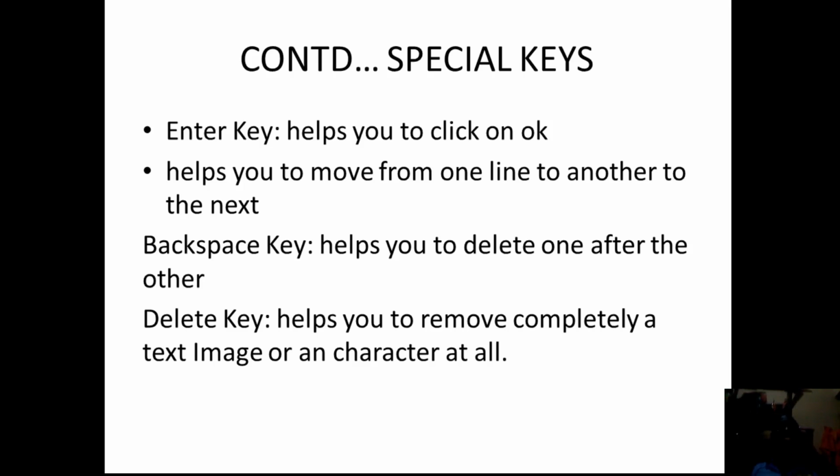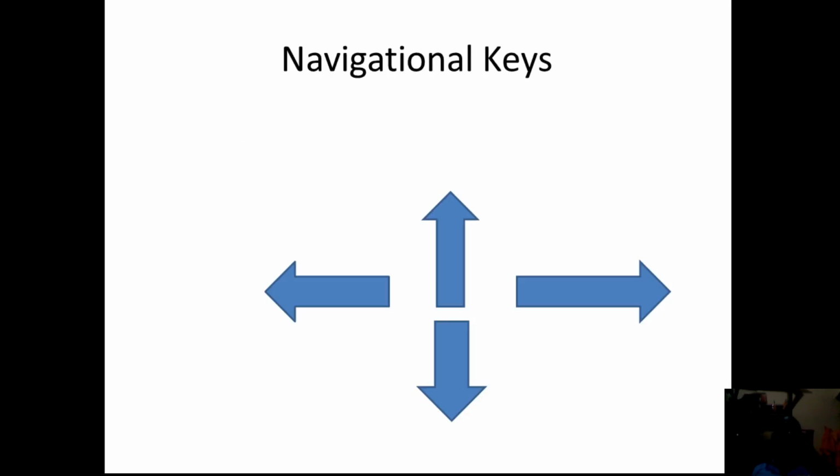But what is then the difference between the delete key and the backspace key? Anytime you make use of your backspace key, you can just press Ctrl Z, which is undo, to return to where the work was. But when you press the delete key, it removes the work completely. So it is safer when you are typing a text to make use of your backspace key.